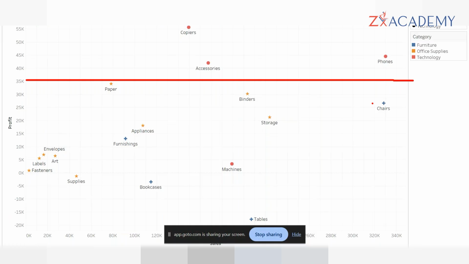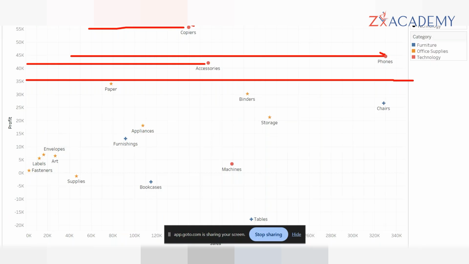That means irrespective of the sales, whether high or low, it has given me very good profit. Even below average sales has given me the highest profit. Accessories, with almost average sales, has given the third highest profit. The phones, with the highest sales, has given the second highest. So irrespective of whether the sales are the highest, average or below average, the top three profitable products all belong to technology.